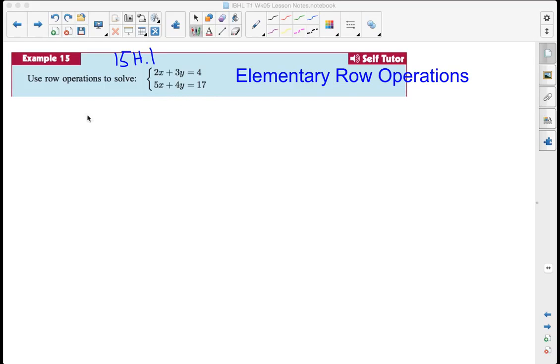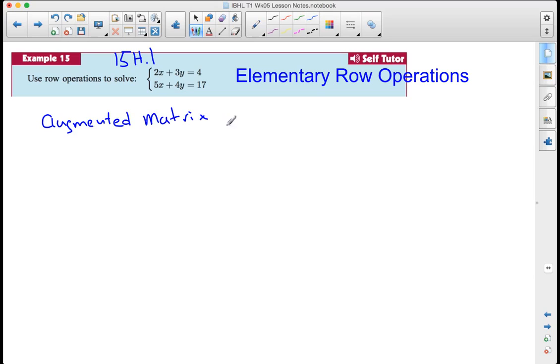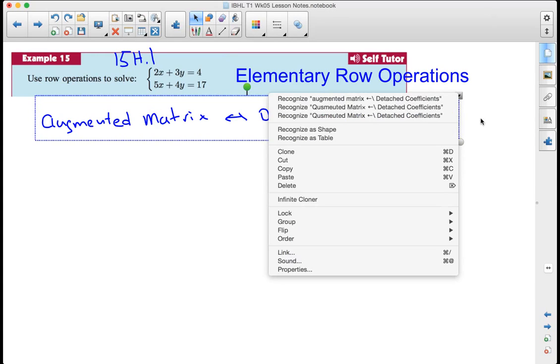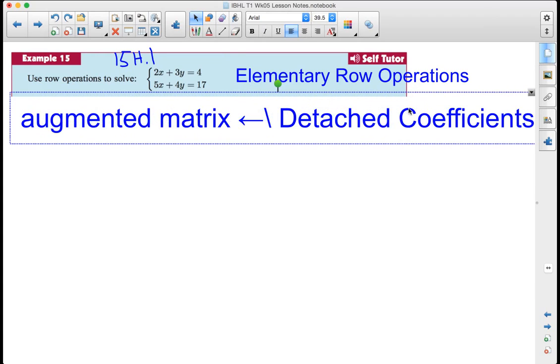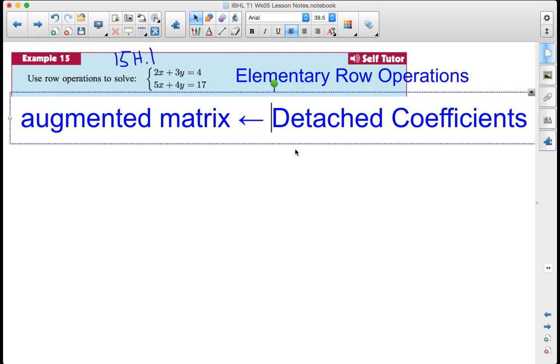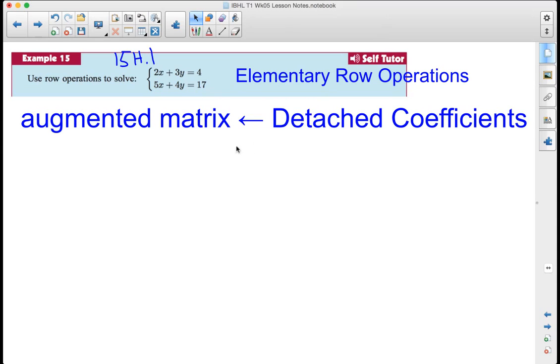The thing is that we're going to write this as an augmented matrix. And that implicates that we will detach the coefficients. So how does that work?